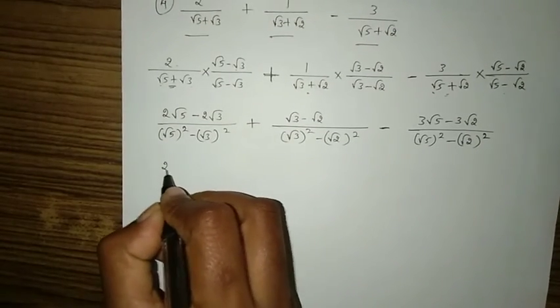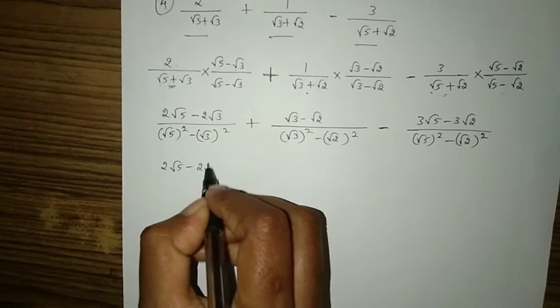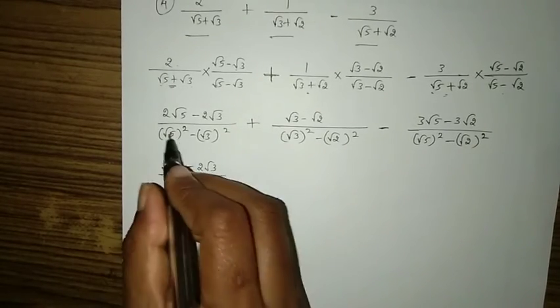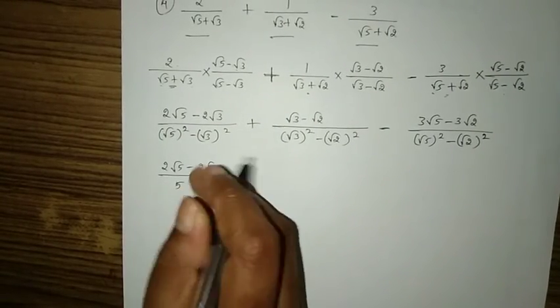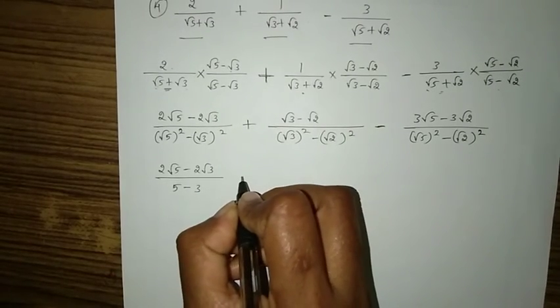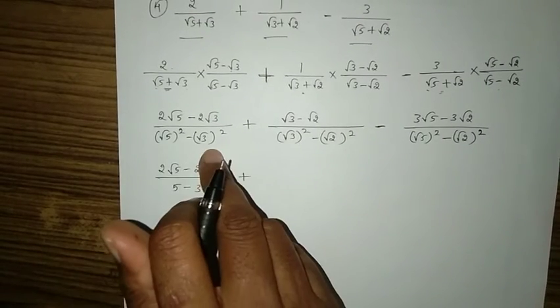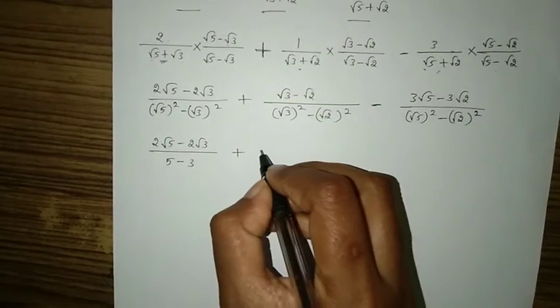So we have to simplify here. 2 into root 5 minus 2 into root 3 divided by, so root 5 whole square becomes 5 minus root 3 whole square becomes 3, plus, you know why, right? If you have any doubts, please comment.